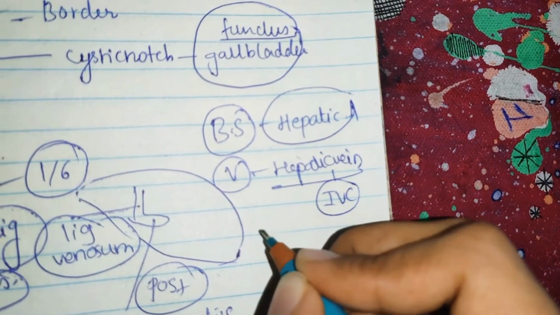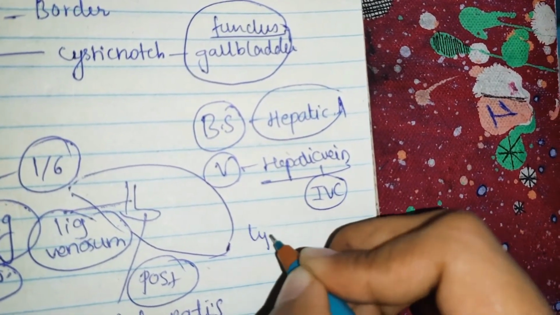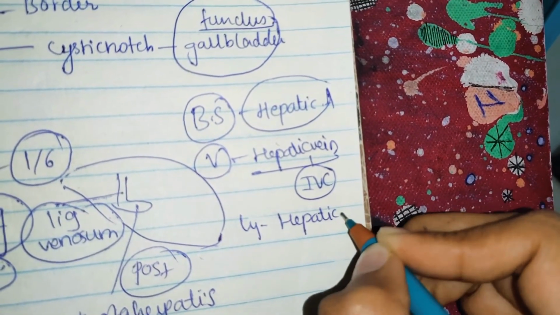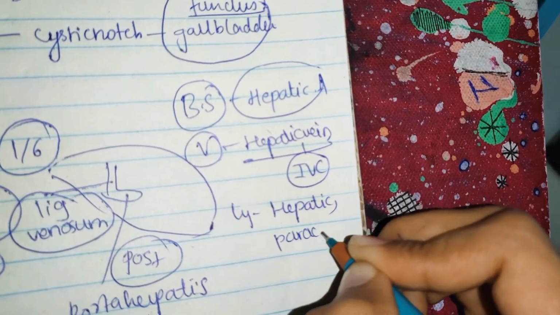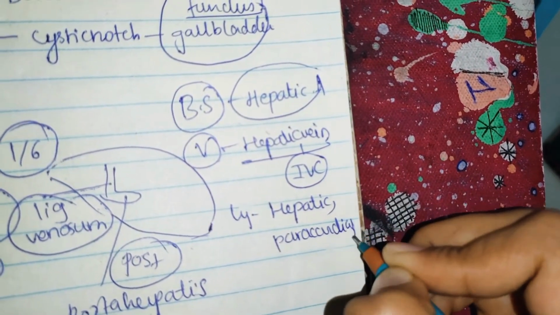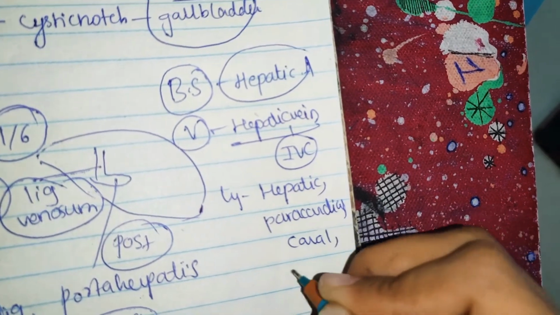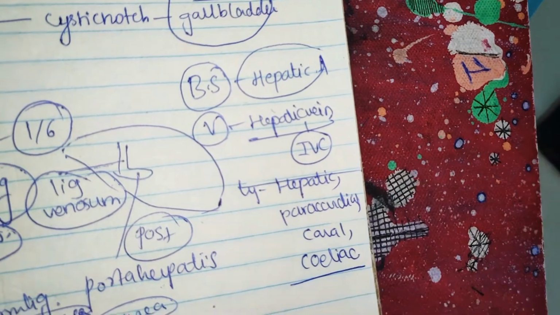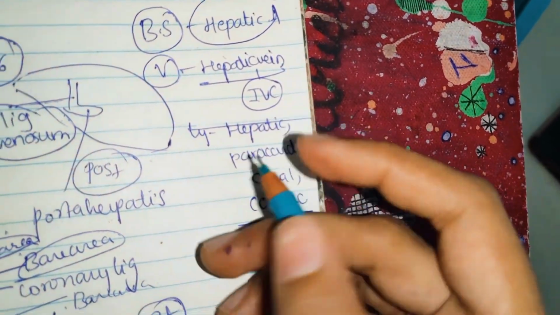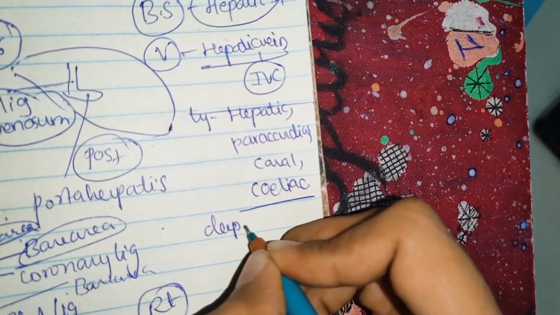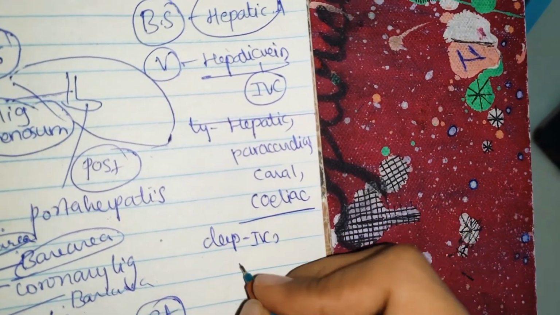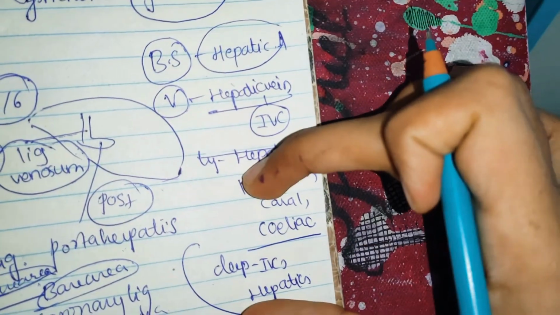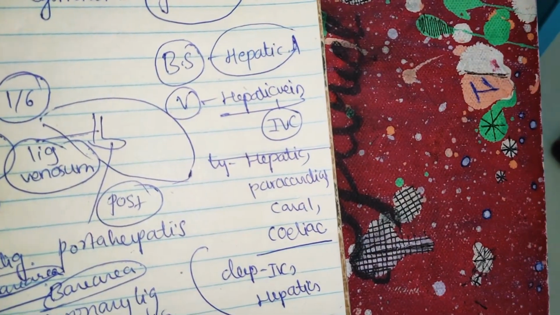Next, coming to lymphatic drainage, it has hepatic lymph nodes, paracardial lymph nodes, caval lymph nodes and celiac lymph nodes. Keep them all in mind. After that you have some deep lymphatics. Deep lymphatics directly end in the inferior vena cava or sometimes into hepatic nodes. So these are the points regarding lymph nodes. Vein, hepatic vein; artery, hepatic artery, that's it.